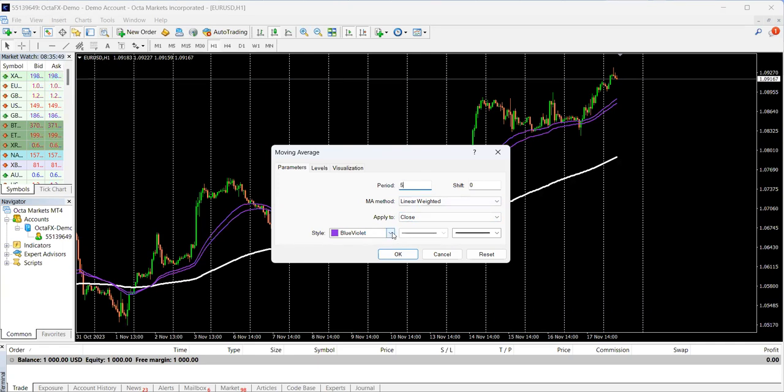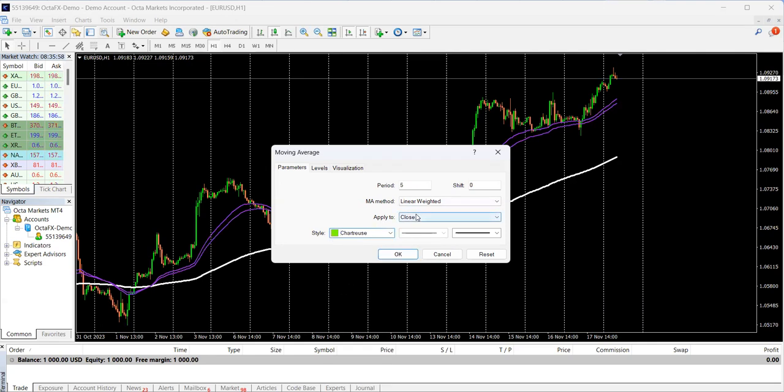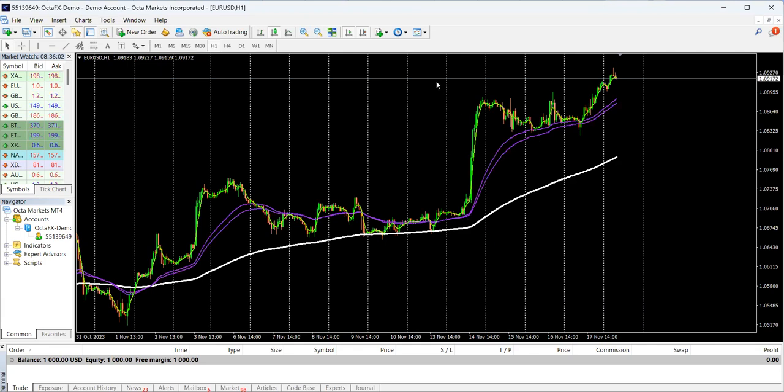I want to change the color to something lighter. I can use this. Okay, I apply that. That was 5, and the next one, I'm going to apply 8.